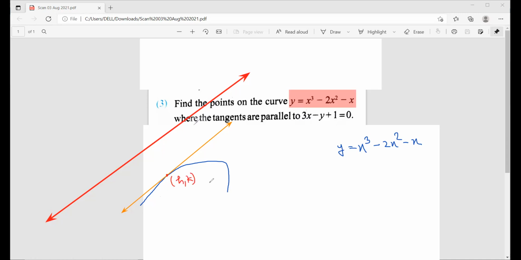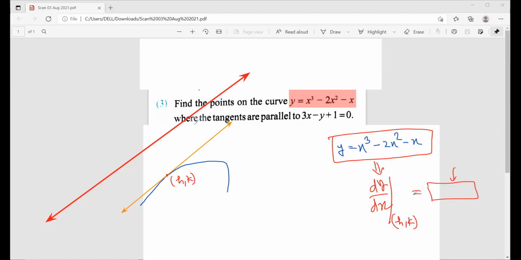Now what you do, you go by the procedure. You have the equation of the curve, you differentiate, you will get dy by dx. You assumed that point to be h comma k. So you will find the slope at h comma k. You will get some slope. This slope has to be equal to the slope of this line.